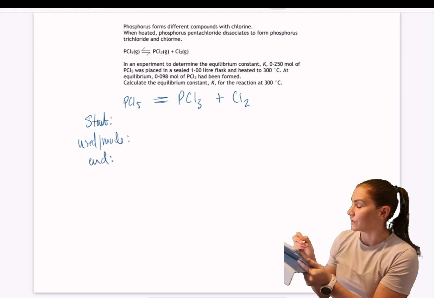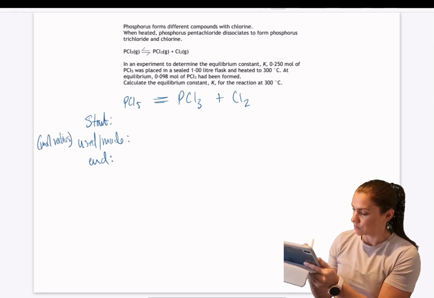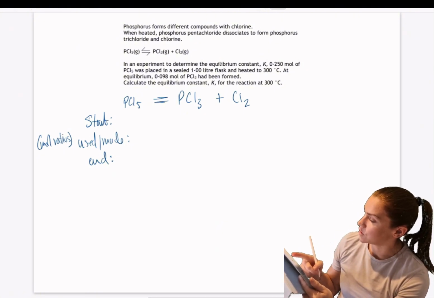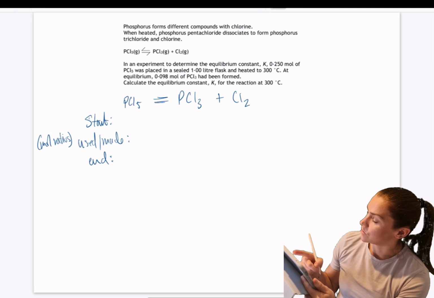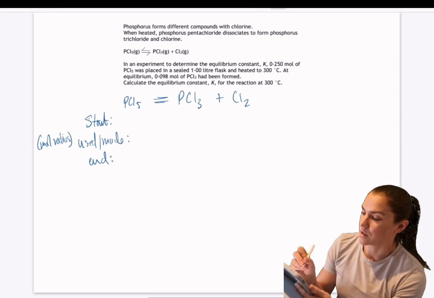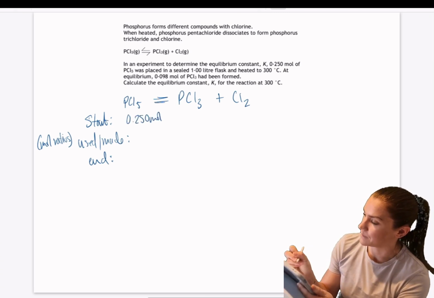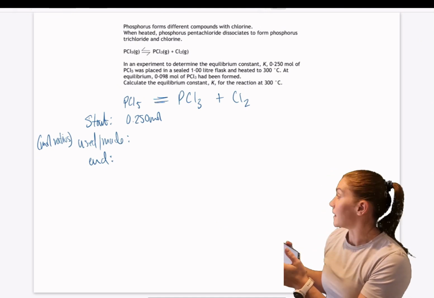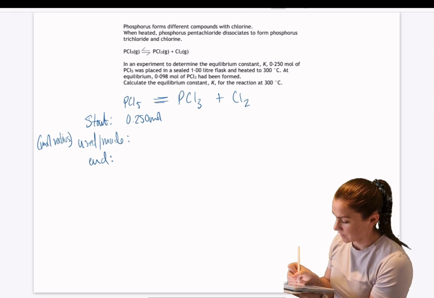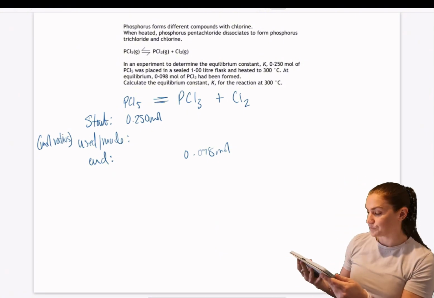And again, just remind yourself that that middle line is where you use the mole ratio to work things out. So if we read through the question, 0.25 moles of PCl5 is placed in a sealed 1 litre flask. So that's at the start, 0.250 moles of PCl5. And then it says at equilibrium, 0.098 moles of PCl3 have been formed. So that means at the end, we had 0.098 moles of PCl3.